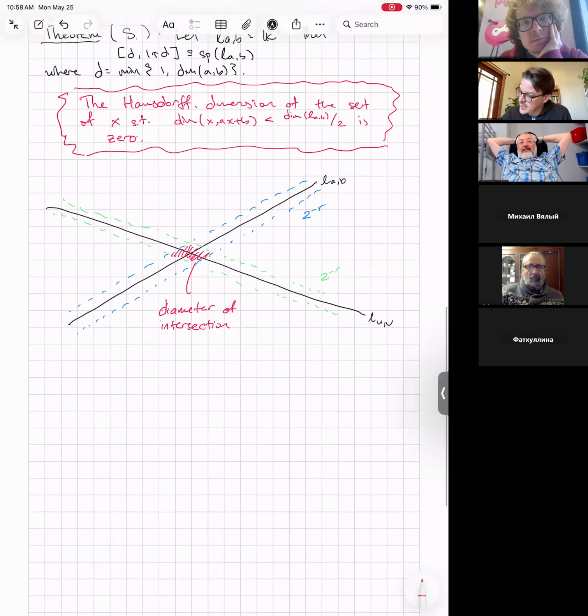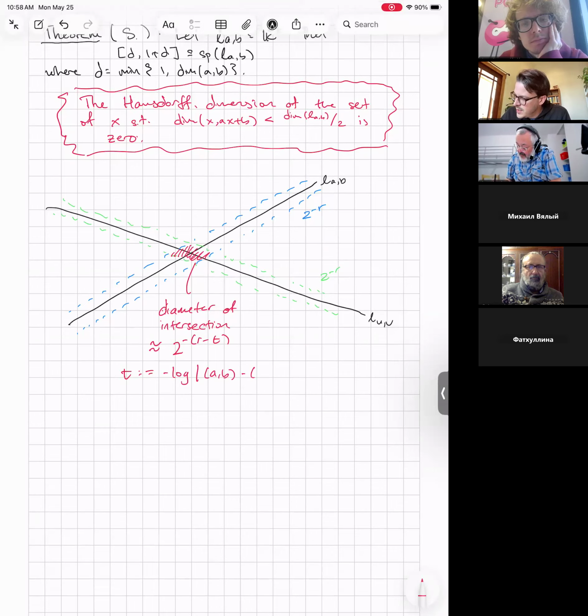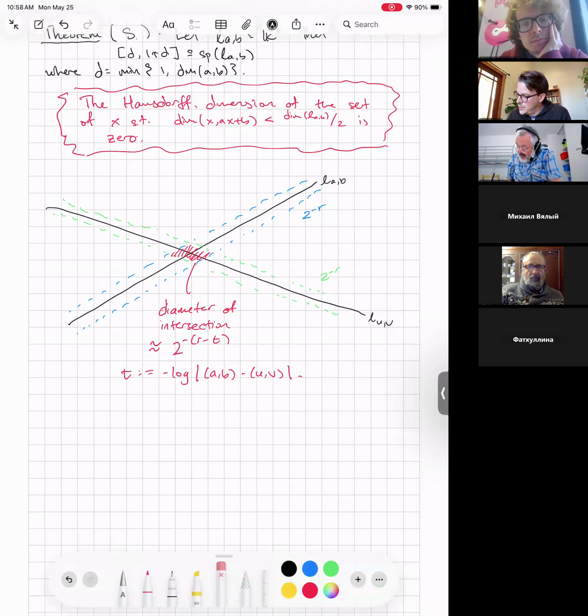So let me write this. Up to a constant, it depends on where they're intersecting, but this is essentially 2 to the negative r minus t, where t is negative log of the distance AB minus UV.